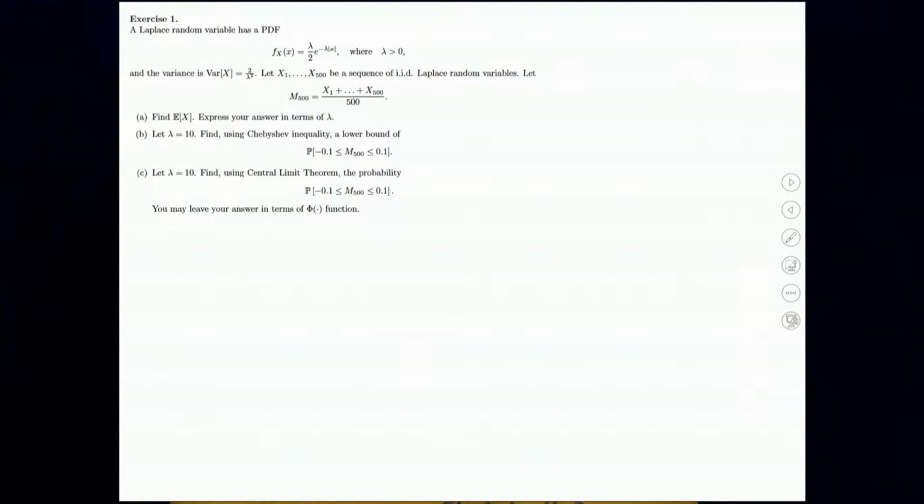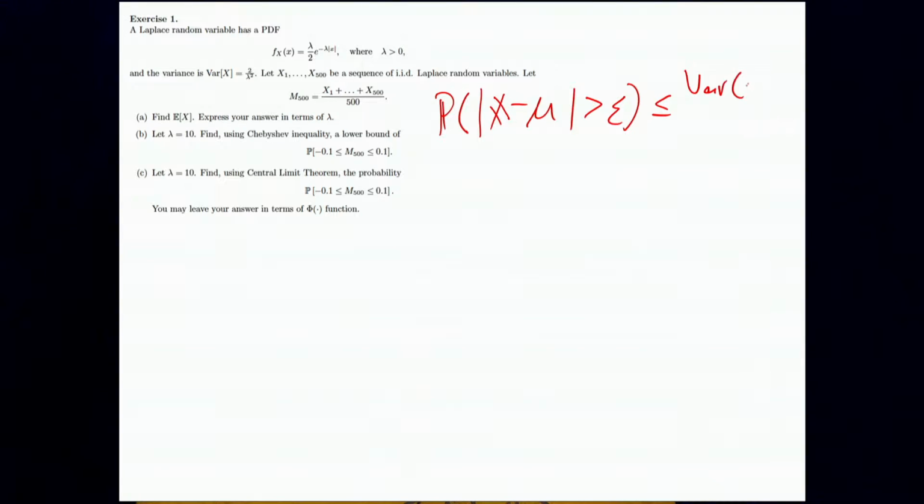So I write it down here again: the probability of the absolute value of X minus mu greater than epsilon is less than the variance of X divided by epsilon squared.